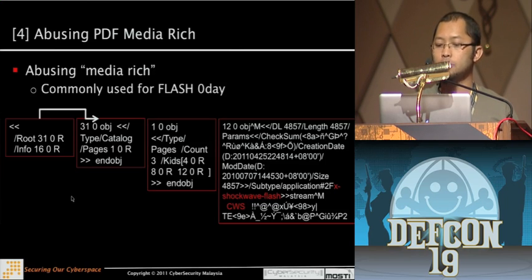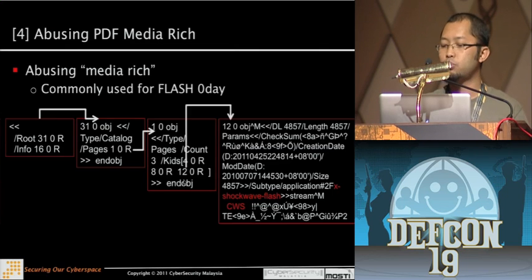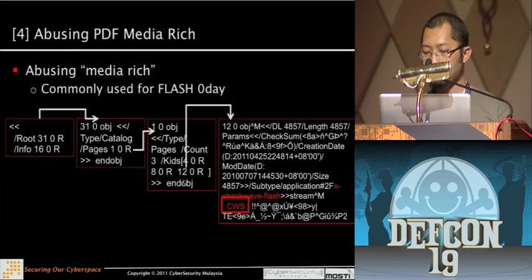You check /Root is pointing to object 31, and then object 31 has the Pages pointing to Page object 1. So you go to object 1 here, and then you have the page. And the page somehow has a reference to object 12. You go to object 12, and object 12 somehow has a Flash file on top of it. Okay.